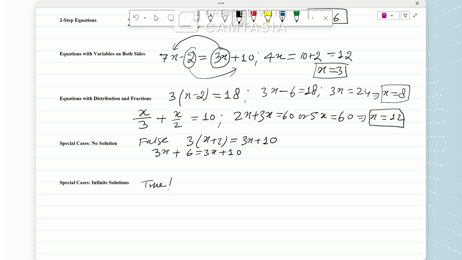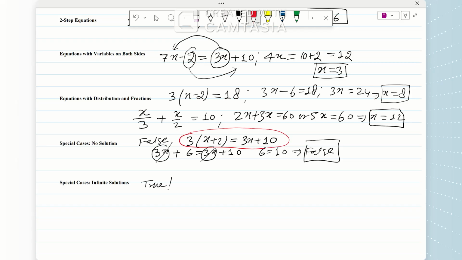So now you see that you have 3x on either side. That means it will cancel out. So what remains is 6 is equal to 10, which is not true, or false. So if you result into a false situation, then there cannot be any solution. All right. So there is no solution of this equation. No solution.